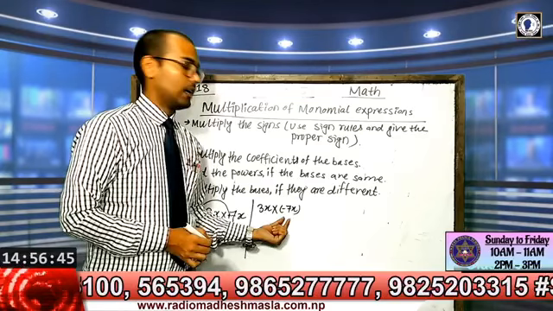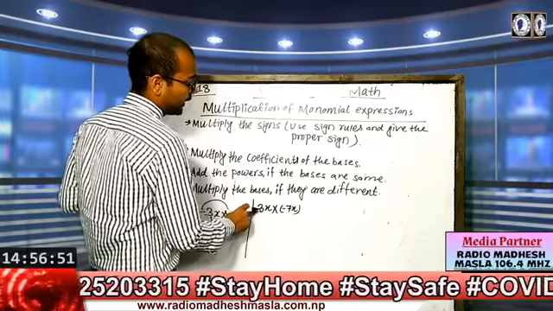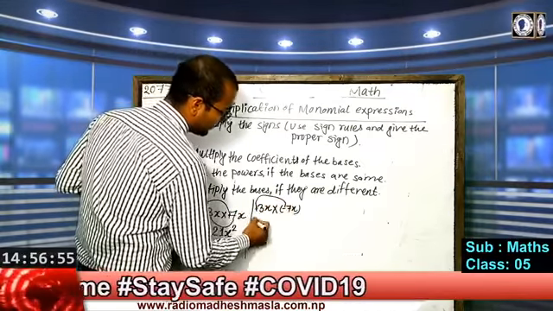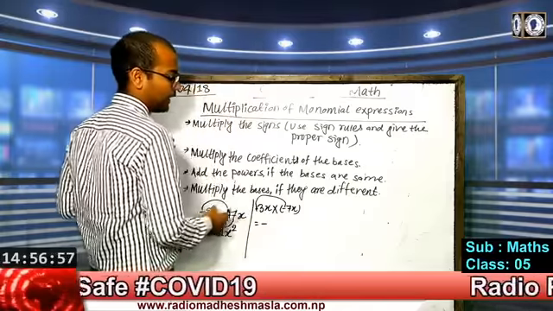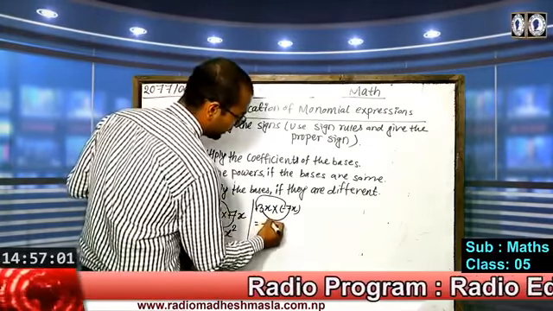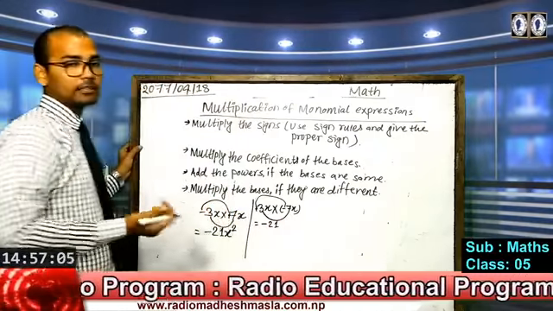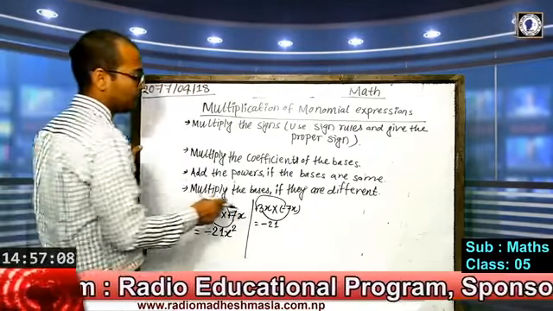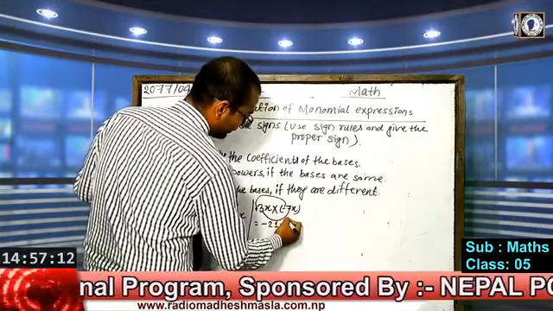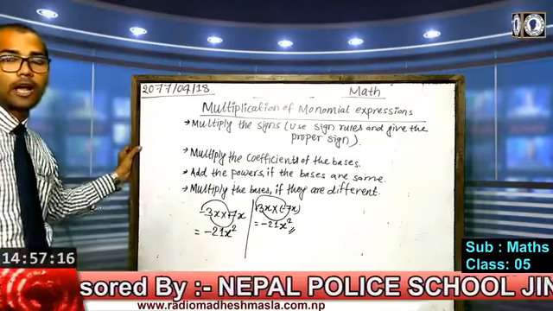There is no sign in front of 3, which means there is a plus sign, so plus into minus, we got minus. Then we multiply the coefficients, 3 into 7, 21, and there is no power on x, which means 1. So x into x, x to the power 1 plus 1, 2. I hope you understood about it.